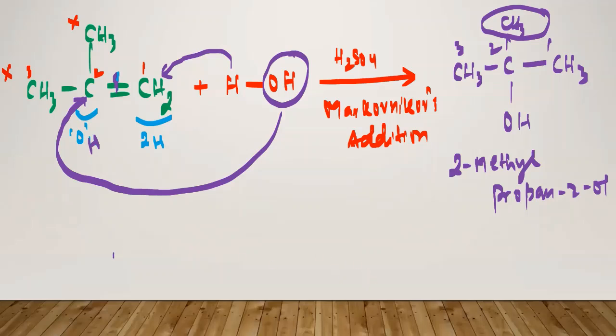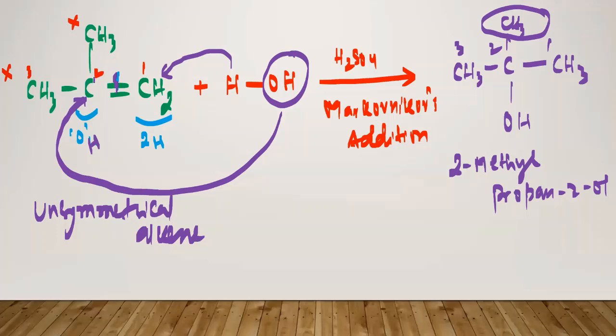So you can take any example, even an example of a symmetrical alkene also, but there is no need to follow the Markovnikov's addition, because in a symmetrical alkene you will be having carbon atoms with equal number of hydrogen atoms. So you can add hydrogen and OH anywhere, wherever you need. And this alkene, what I have taken right now here, is your unsymmetrical alkene.